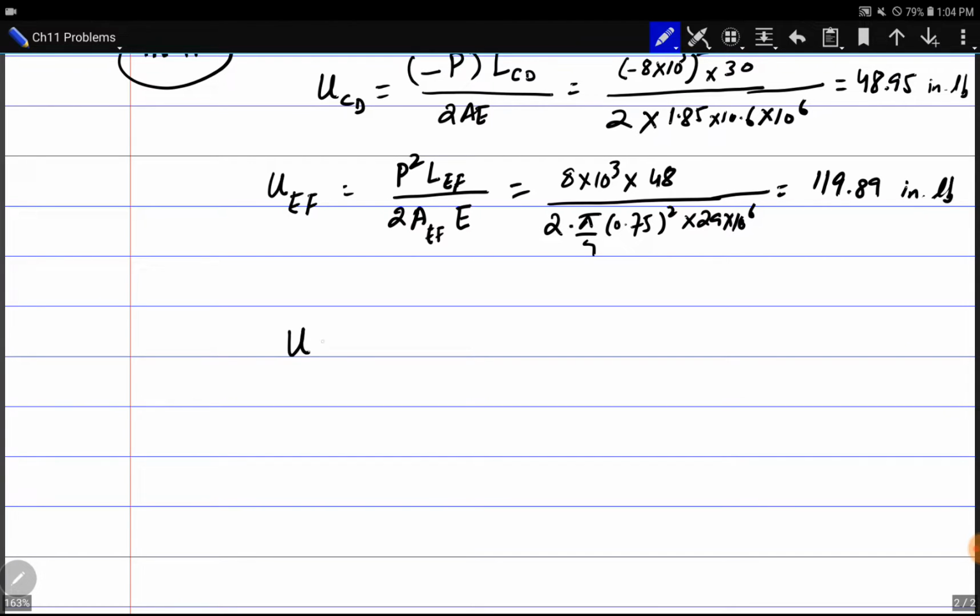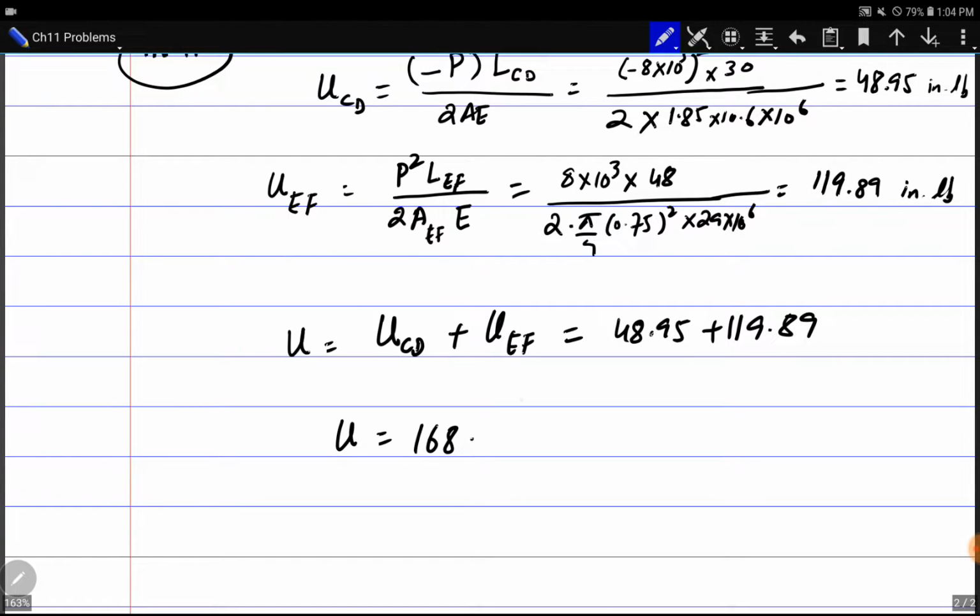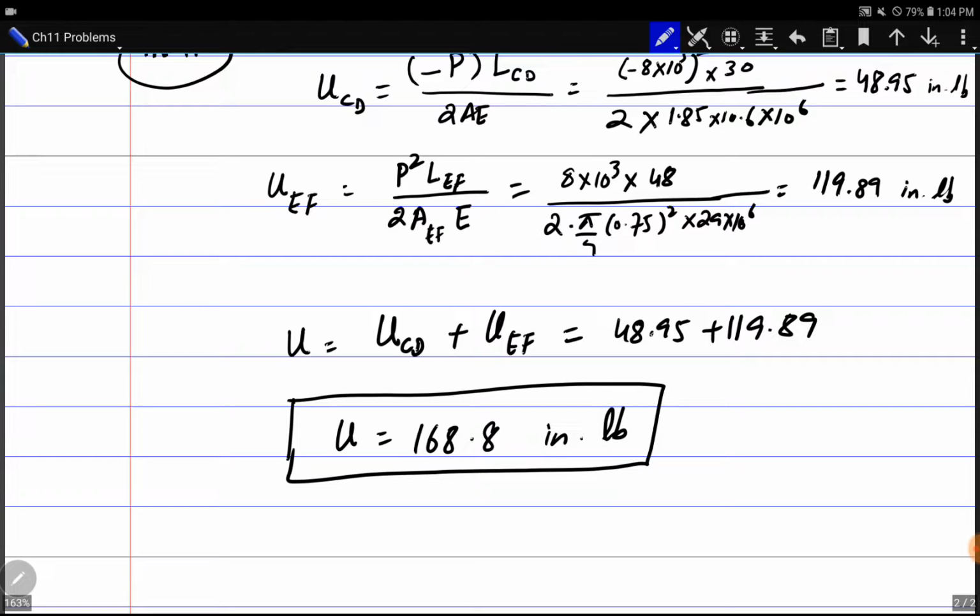So total U will be sum of UCD plus UEF. You can add these two numbers. So total U will be 168.8 inch pound. This was required in part A, total strain energy.